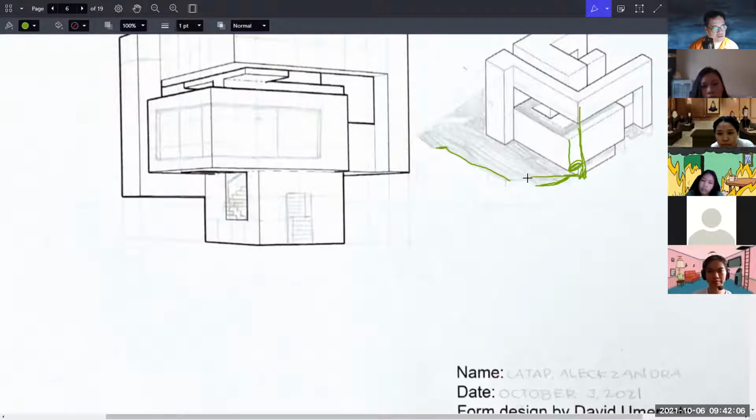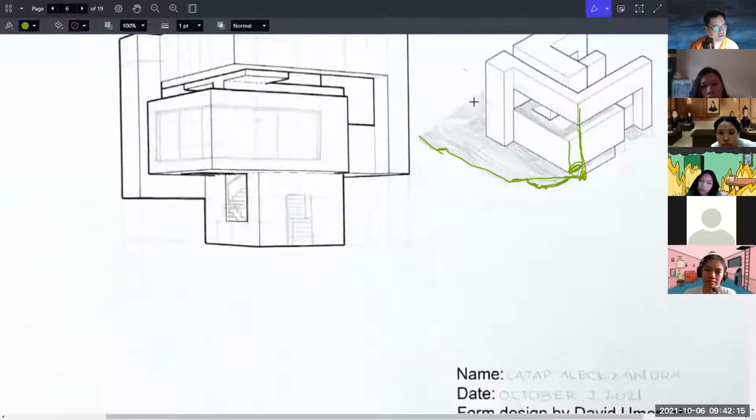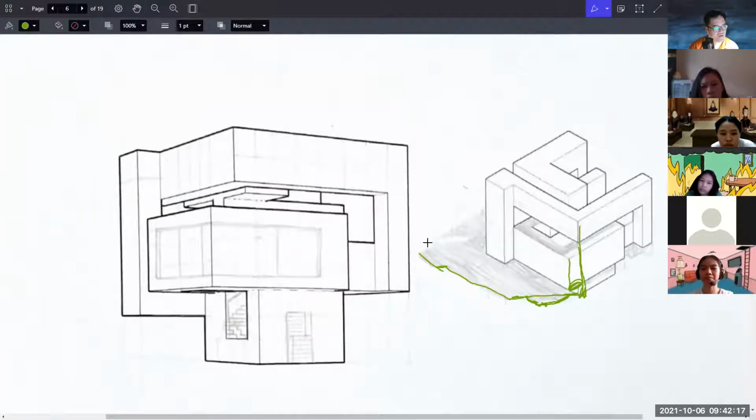So it goes all the way there. So top, yan, tama. So it does this. Then here, you have that. Goes like that. Pero yung ito, ganun. Kasi may vertical siya dito. So ito yun. Ganun. So the same plane.